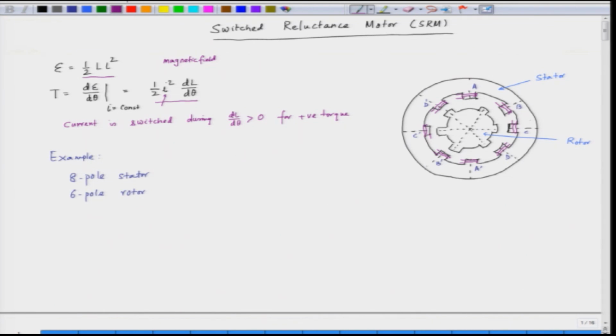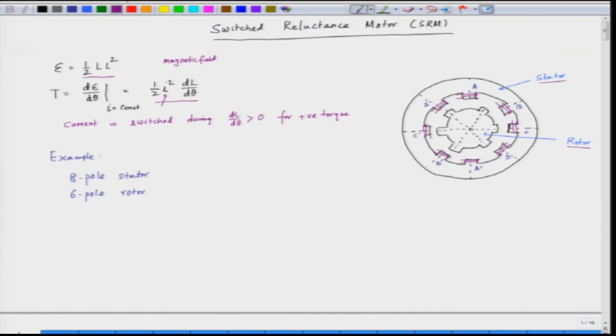Now, if you see the structure of this motor, the motor has a stator and a rotor. The stator has got salient poles. We can see that we have got 8 poles here, 1, 2, 3, 4, 5, 6, 7 and 8. The stator carries winding, so each pole has got the windings, and each pole is considered to be an inductance.